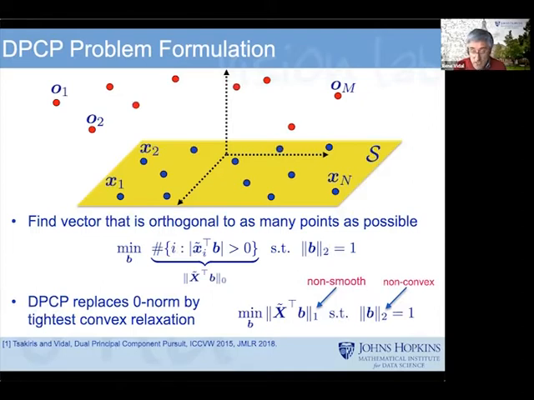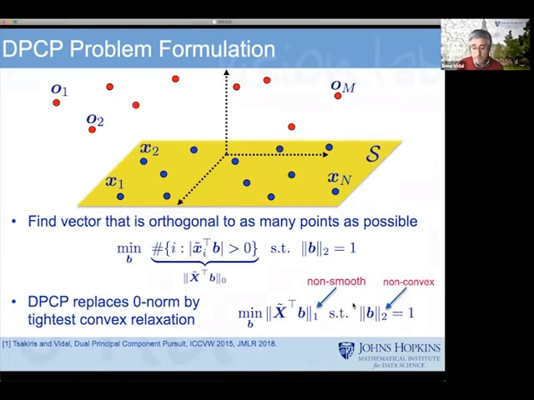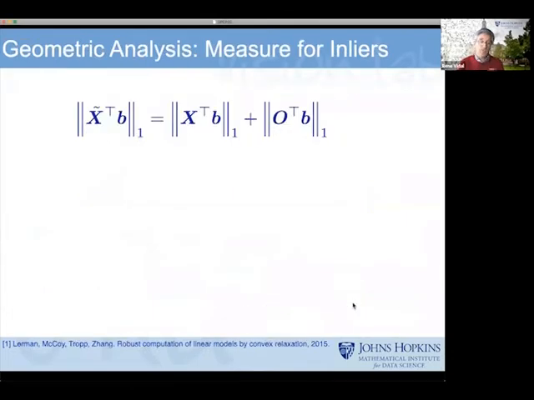Those distances should be 0 if the hyperplane is the true hyperplane for the inliers and non-zero only for the outliers. So if the global minimum is given by the true normal to the hyperplane, then the minimum objective is really the sum of the distances from the outliers to that hyperplane. All right, so that's the problem formulation.